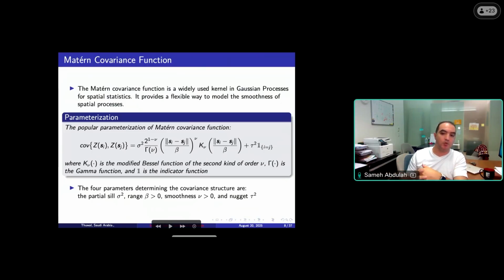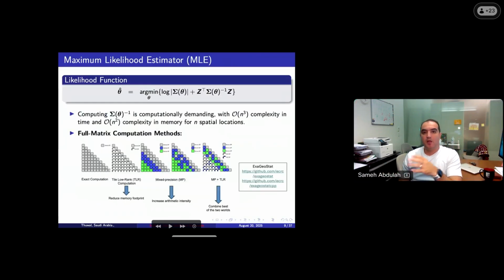One very popular way to build this covariance matrix is a function called the Matérn covariance function. This Matérn covariance function builds the covariance matrix where each cell represents a correlation between two different locations. When locations are very close, this correlation should be strong. When they are very far apart, this correlation should be weak.